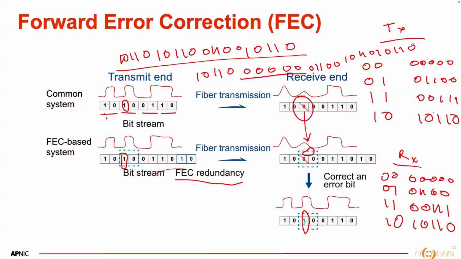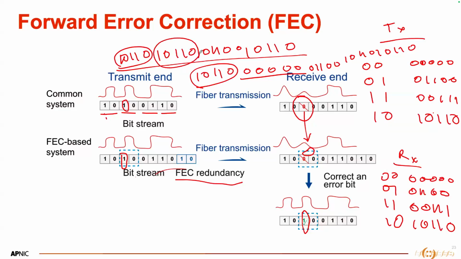Here, it will take a look, it will try to find out what is the difference. So after receiving the 5 bits, it will see that the next 5 bits are 00000, where the next 5 bits should be this one.